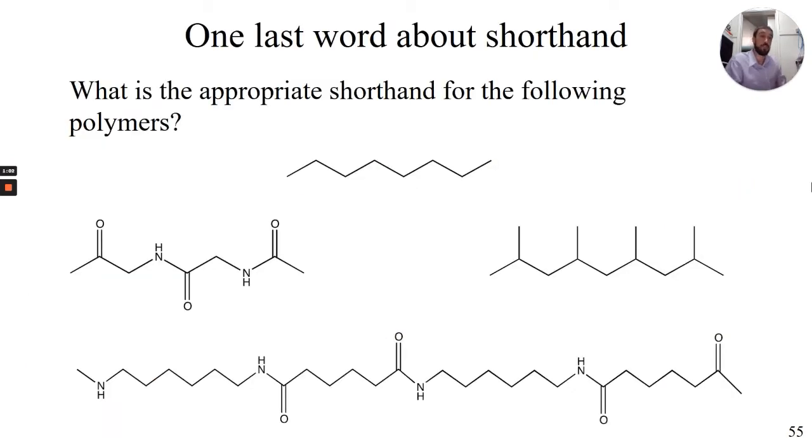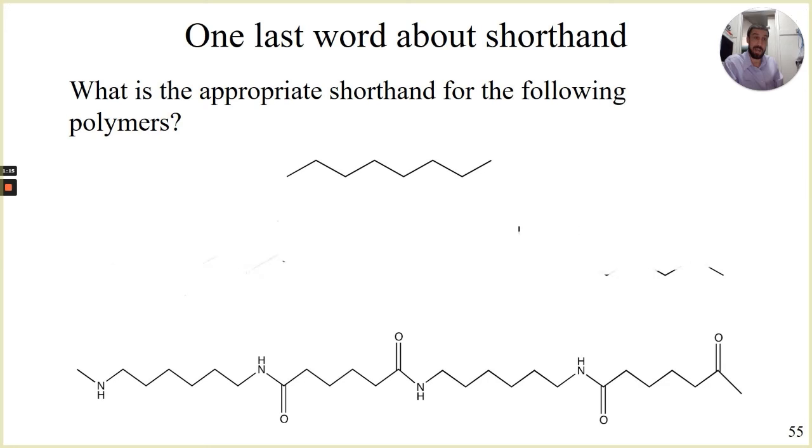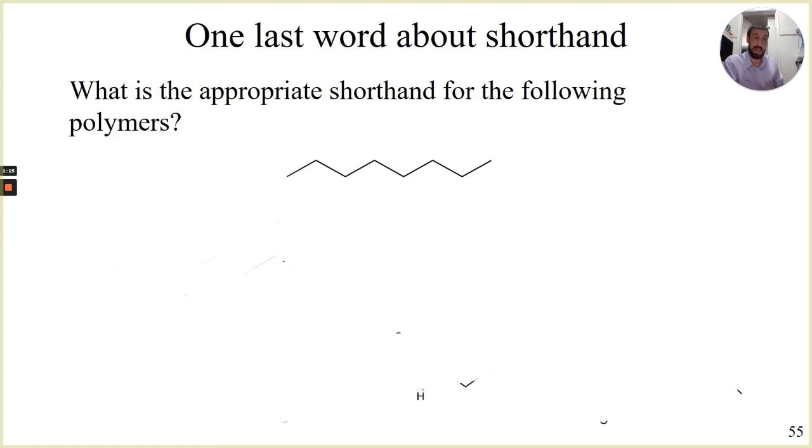Shorthand. So the first thing that you should really pick up within polymers is that these are very, very, very long repeating units. And so we need to come up with some kind of a shorthand to represent them. So let's take a look at the top polymer first. If we take a look at just that top polymer, we want to be able to describe it.